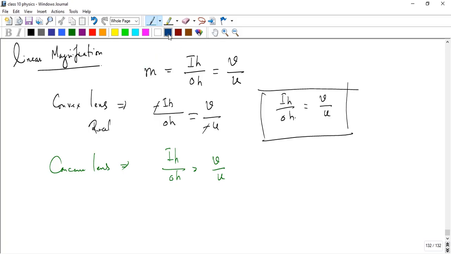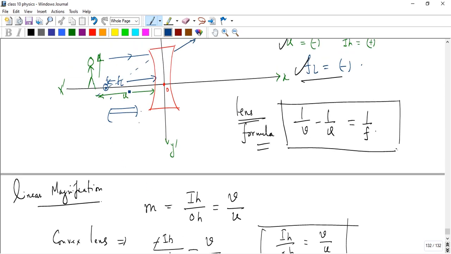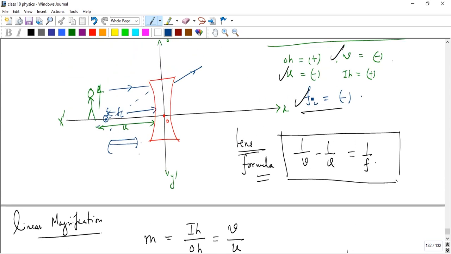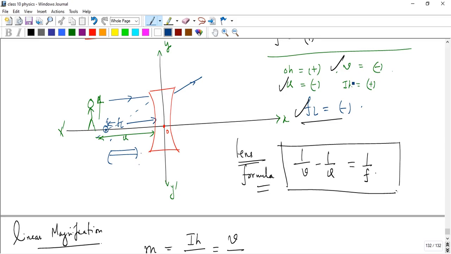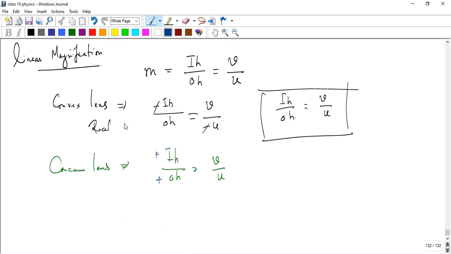Here that is positive and that is also positive, and object distance and image distance are both negative. That's why they lie in that direction, in front of the lens. So you see that is minus and minus, so cancel these two minus, we get image height by object height equal to V by U.